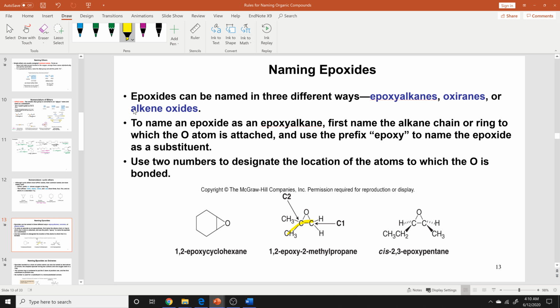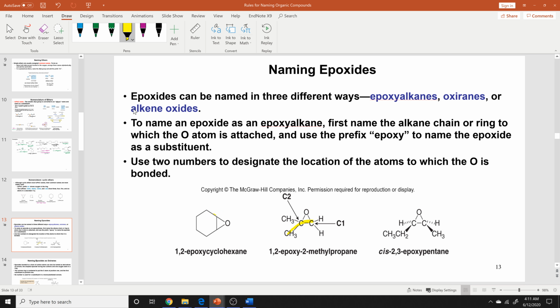After you end in propane, we're going to number the epoxide as carbon number 1 and carbon number 2. So on carbon 1 and on carbon 2, you do have the epoxy group. So you name it as a derivative of epoxy. And on carbon number 2, you do have a methyl, and then your longest carbon chain, which is propane.